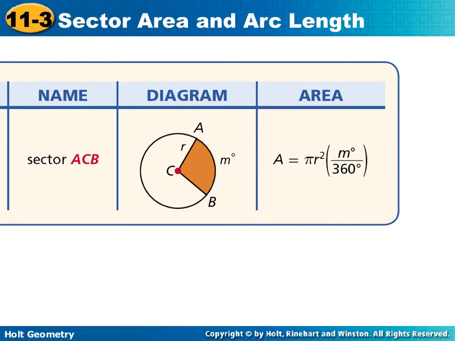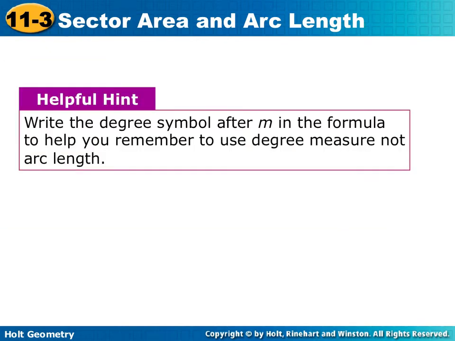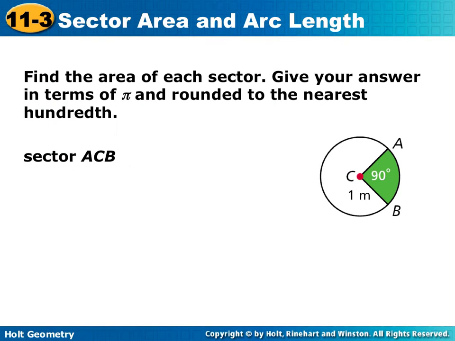Bring up the notes. Alright. Find the area of the sector and give your answer in terms of pi and rounded to the nearest hundredth. So they switched it up and made us do both. Okay, so start out with plugging into the equation. To keep it in terms of pi, just calculate everything except the times pi part.